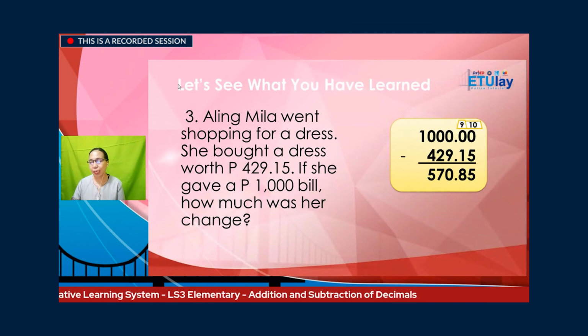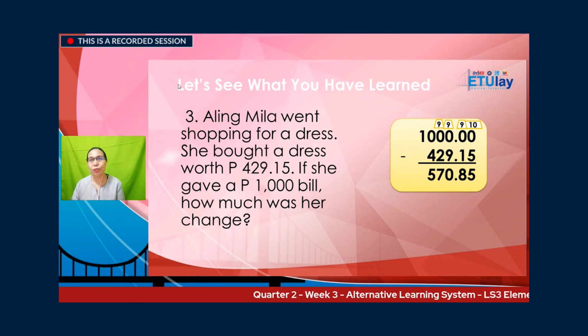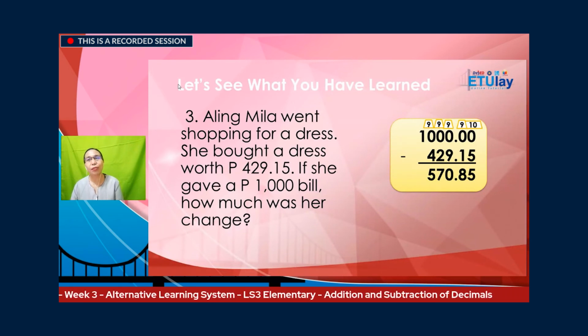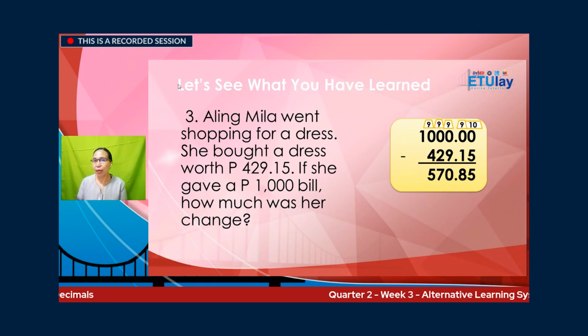Minus 1 is 8. The next 0 is again equal to 9. Minus 9, it's 0. Then, again, the next 0 is 9 minus 2. It's 7. And the last is also 9 minus 4. It's 5. That's why we got 570.85. It's the change of Aling Mila.